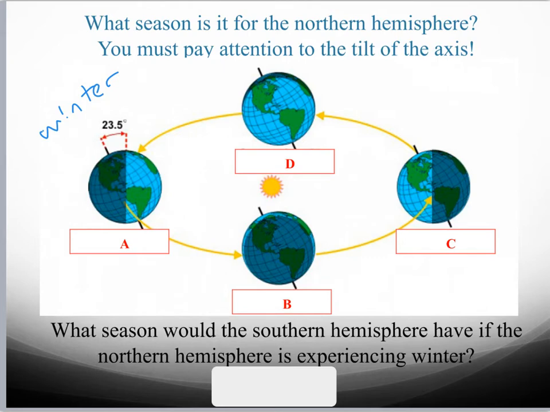Next, let's take a look at B. If we don't know which way it's tilting, pay attention to this arrow here. If A is winter, what comes after winter? Spring. And what comes after spring for diagram C?